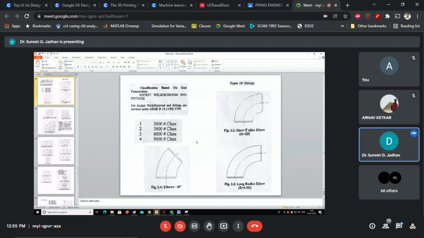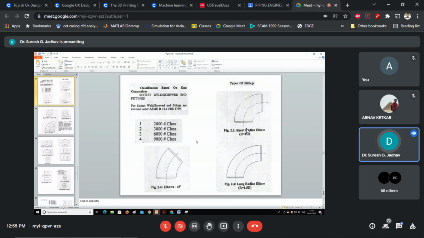So we'll see the use of all classes, based on the classification of these fittings: 2000 class, 3000 class, 6000 class, 9000 class.